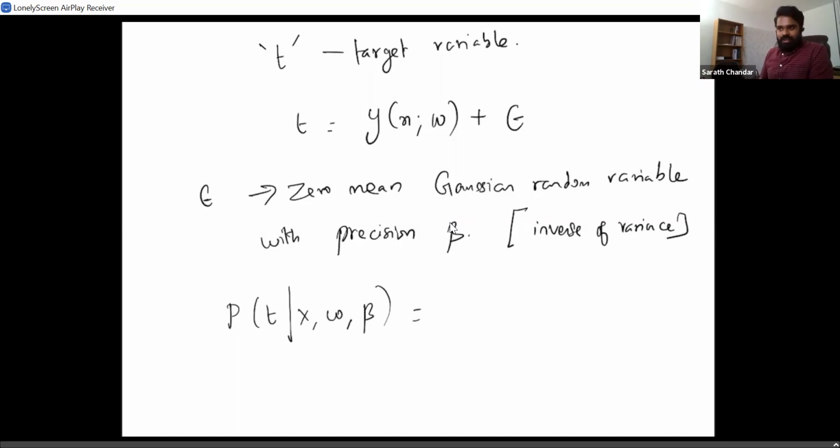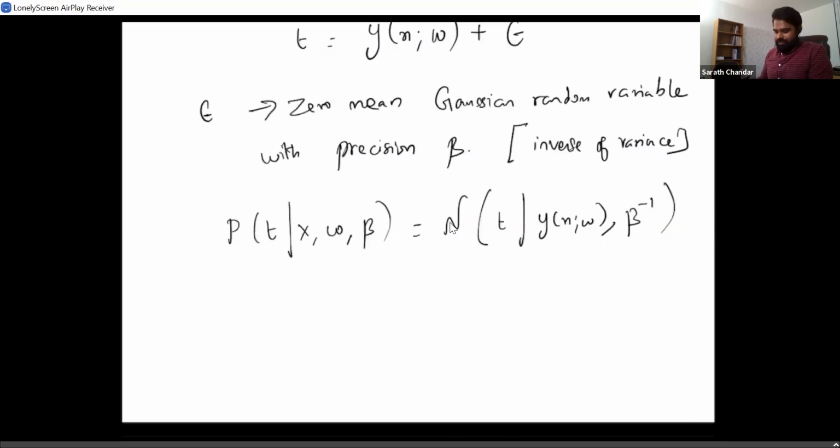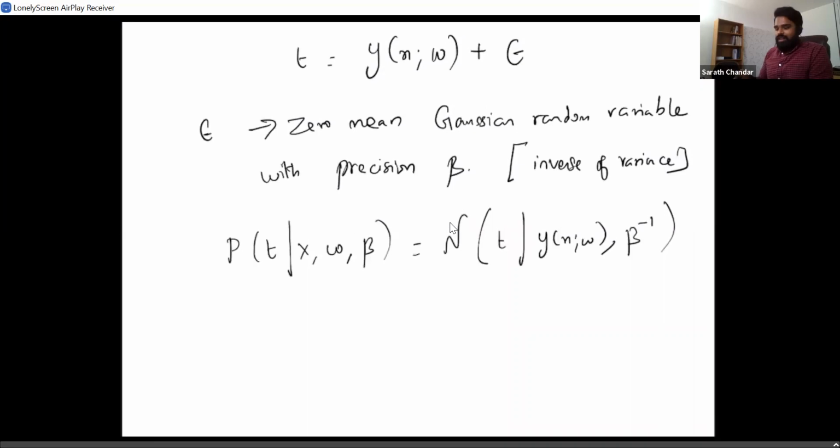It's a Gaussian distribution where the mean is given by y of x comma w and the variance is given by beta inverse. Is that clear? All I have done is assume that in the case of linear regression, there is going to be a Gaussian noise added to the target. So the probability of t given x, w, beta becomes a Gaussian distribution with mean y and variance beta inverse.